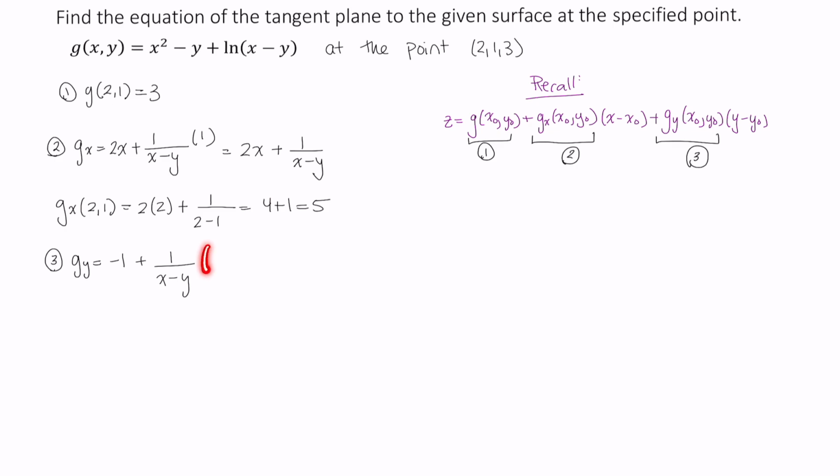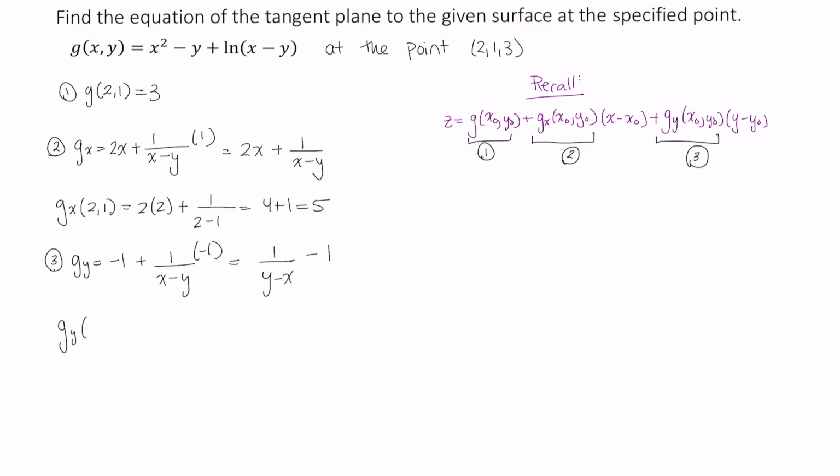And now x is treated as constant, so this is 0 minus the derivative of y, which will be 1. Well, the derivative of negative y is negative 1, I should say. So let me multiply by a negative 1. So this is a negative 1 minus 1 over x minus y. Well, actually, I don't like starting with a negative, so I'll write this as 1 over y minus x minus 1.